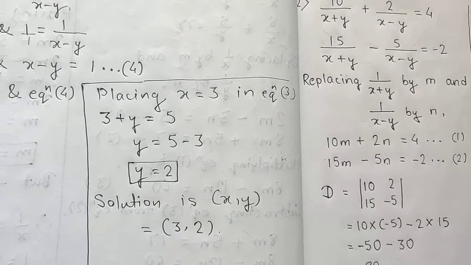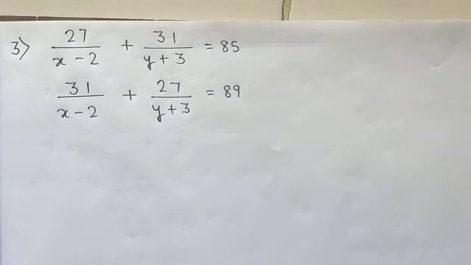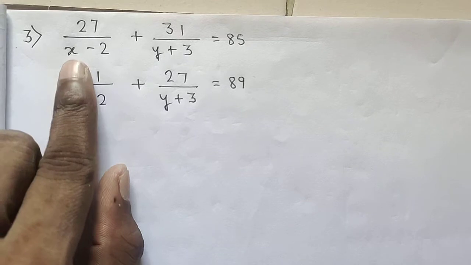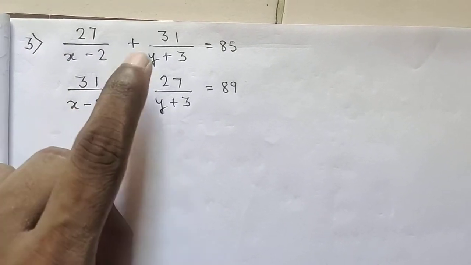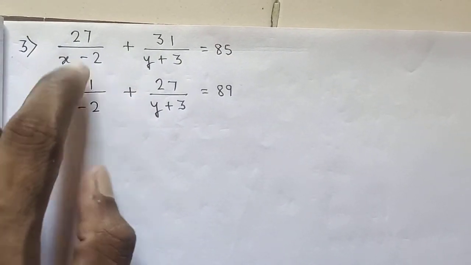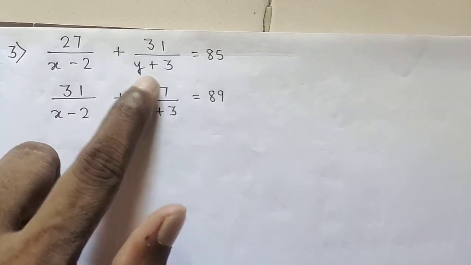Okay, now we will move to our next question, that is question number 3. Now see, in this third question it is very clear that you have to replace 1 upon x minus 2 by m and 1 upon y plus 3 by n, because in these two equations you can see your denominators are x minus 2 and y plus 3.